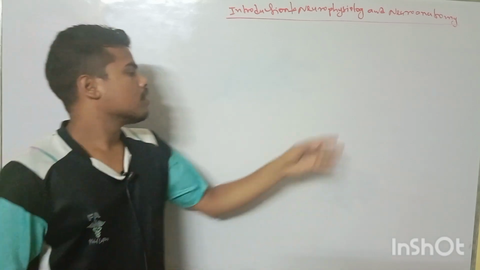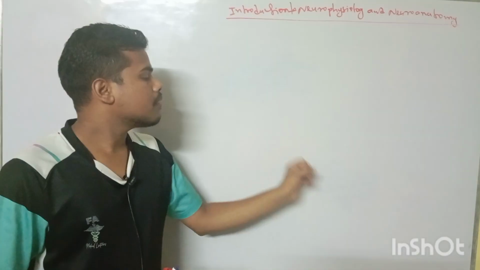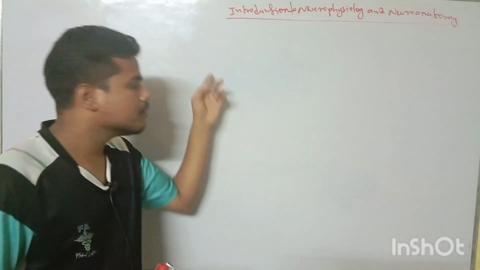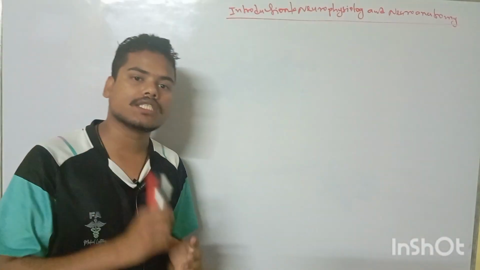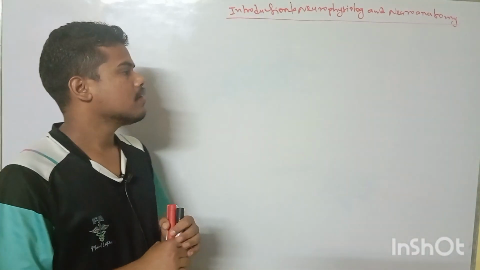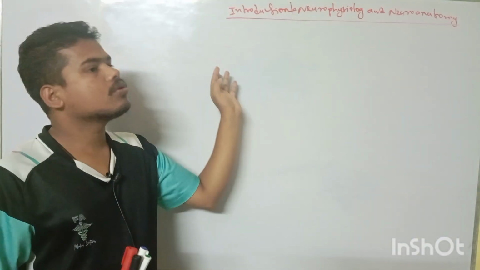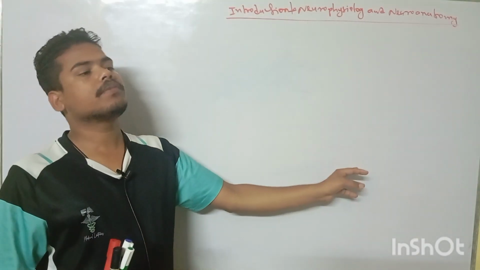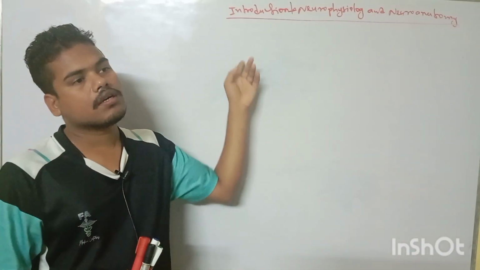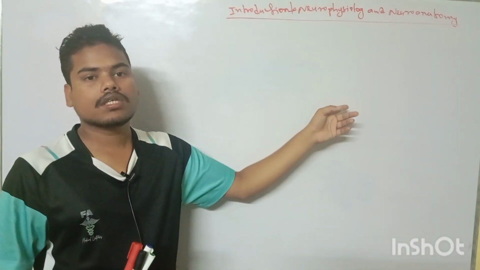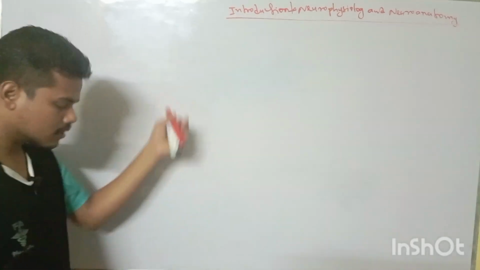The information carrying pathway towards the CNS will be the sensory system, and the response from the CNS that is carried to the peripheral organ systems will be carried through the motor nerves, the motor system.